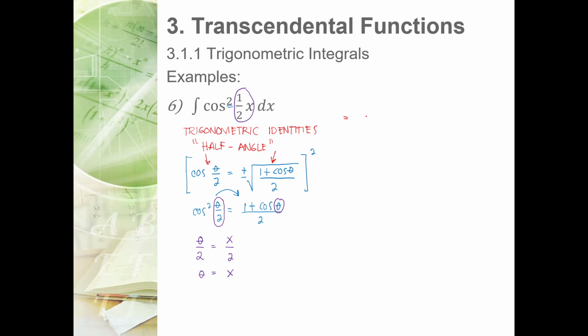So we have the integral of 1 plus cosine theta, and again our theta is x all over 2 dx. The purpose of why I am declaring this is because in the next example, you can appreciate why I did this part in the solution.